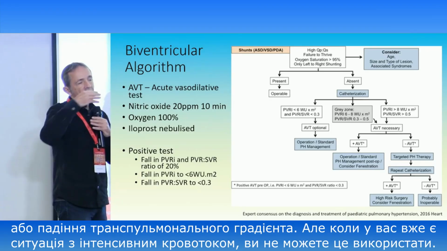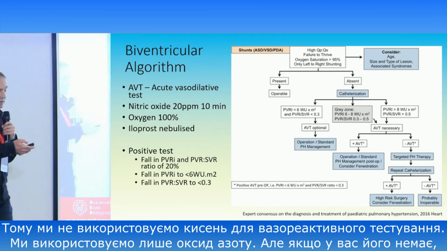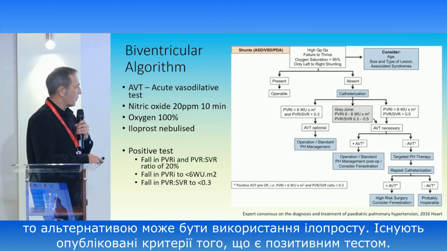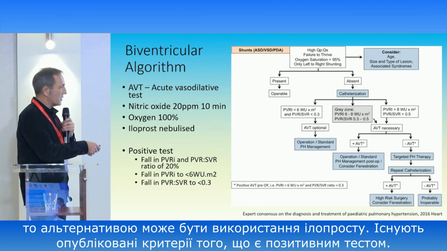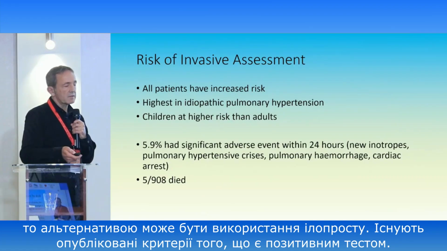But when you already have a high flow situation, you can't use that. So we don't use oxygen for vasoreactive testing. We only use nitric oxide. But if you don't have that available, then the alternative would be to use iloprost. And there are published criteria for what constitutes a positive test.